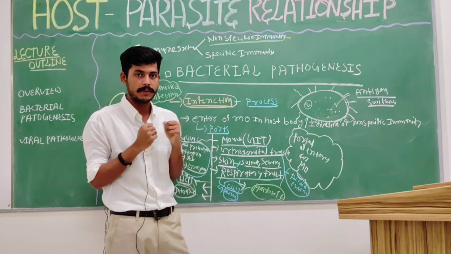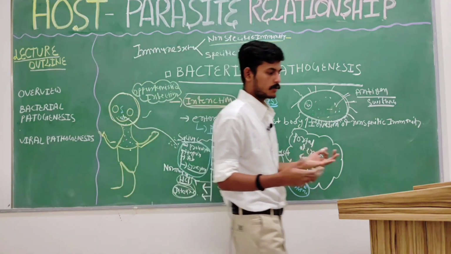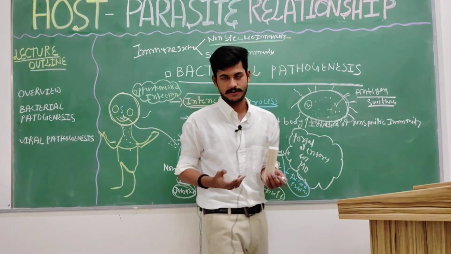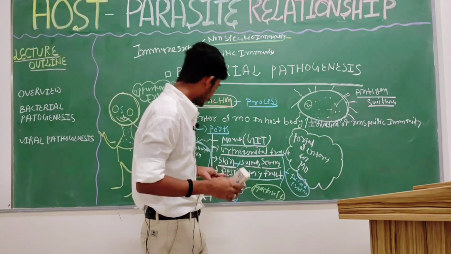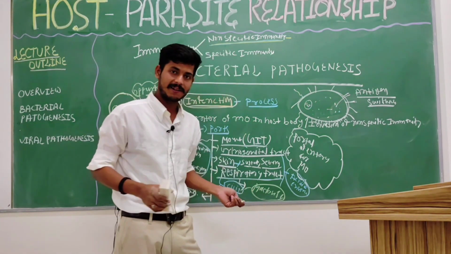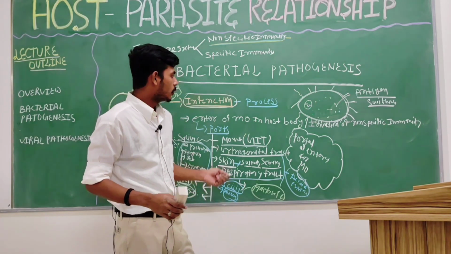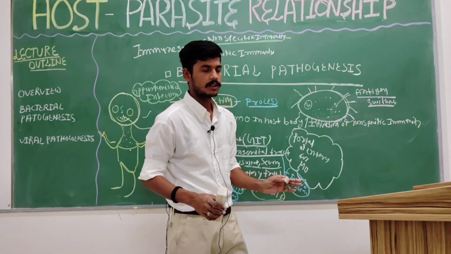It has to first make itself stable in our environment, because our body is dynamic, first of all, and there is circulation of fluid all the time. Respiratory cilia are beating, and there is always secretion of mucus, so bacteria can be expelled out. Are you getting the point?